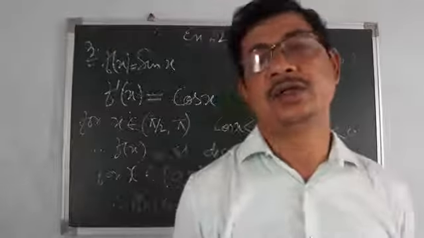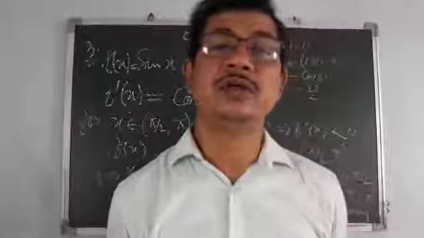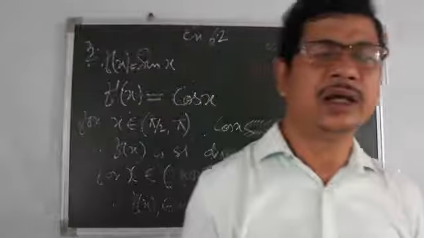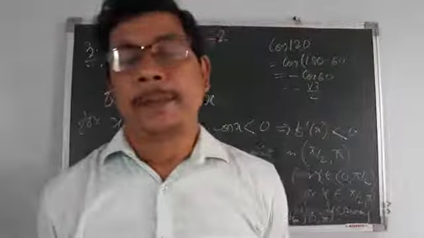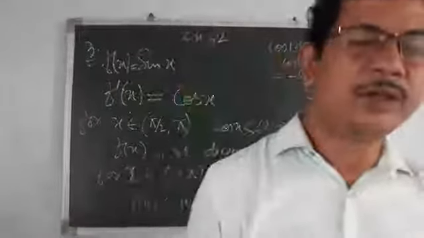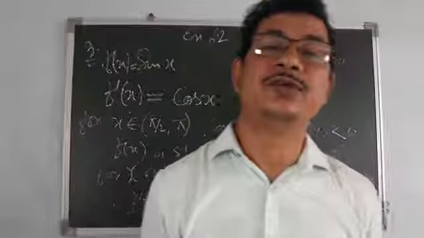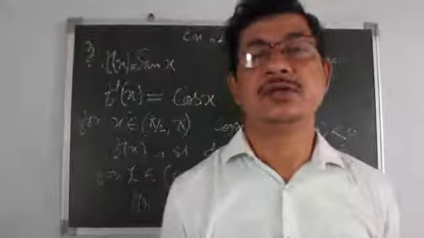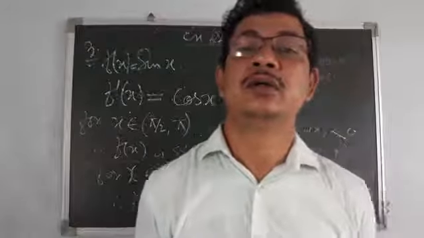The theorem says if f dash x is positive, then f is strictly increasing in open interval and increasing in closed interval. If f dash x is negative, then f(x) is decreasing in closed interval and strictly decreasing in open interval.